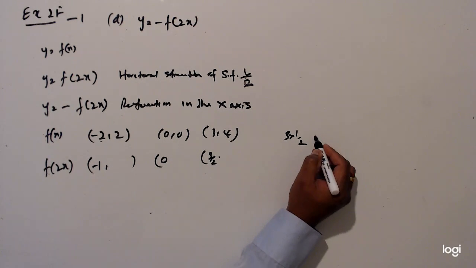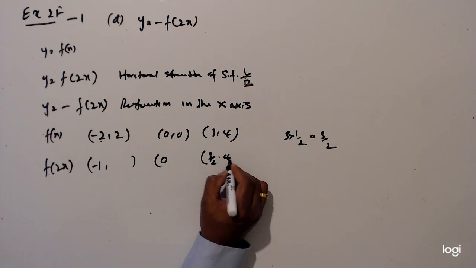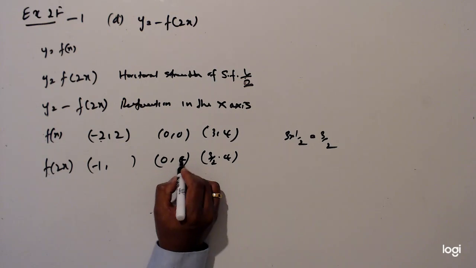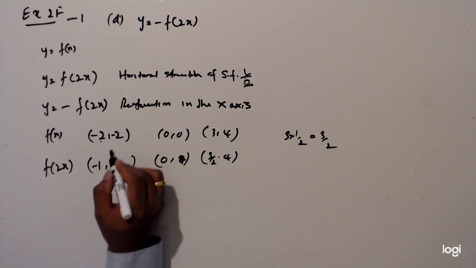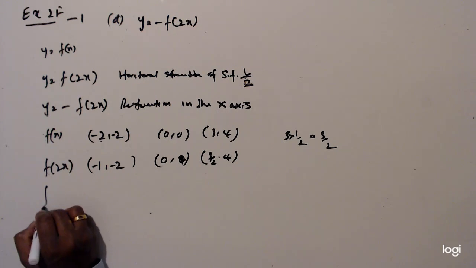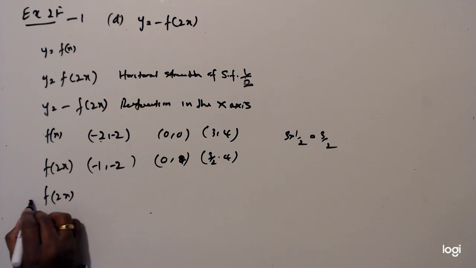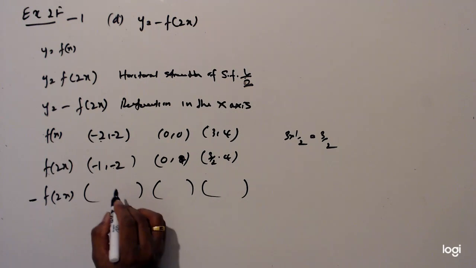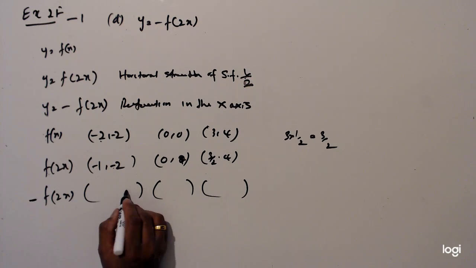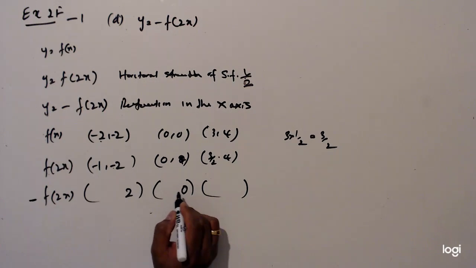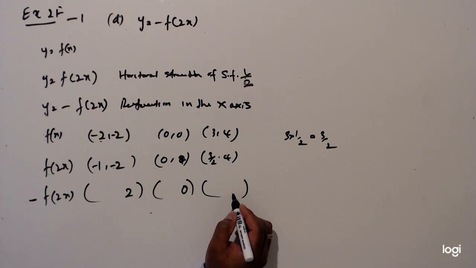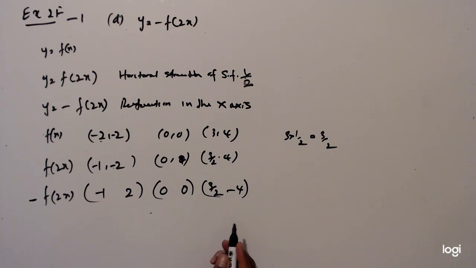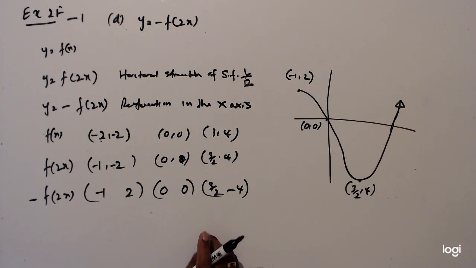The y values stay the same. And then for minus f(2x) we want to change the y value, negative to positive, positive to negative. Minus 2 becomes 2, 0 as it is, and 4 becomes minus 4. So x is as it is. The graph is going to be like this.